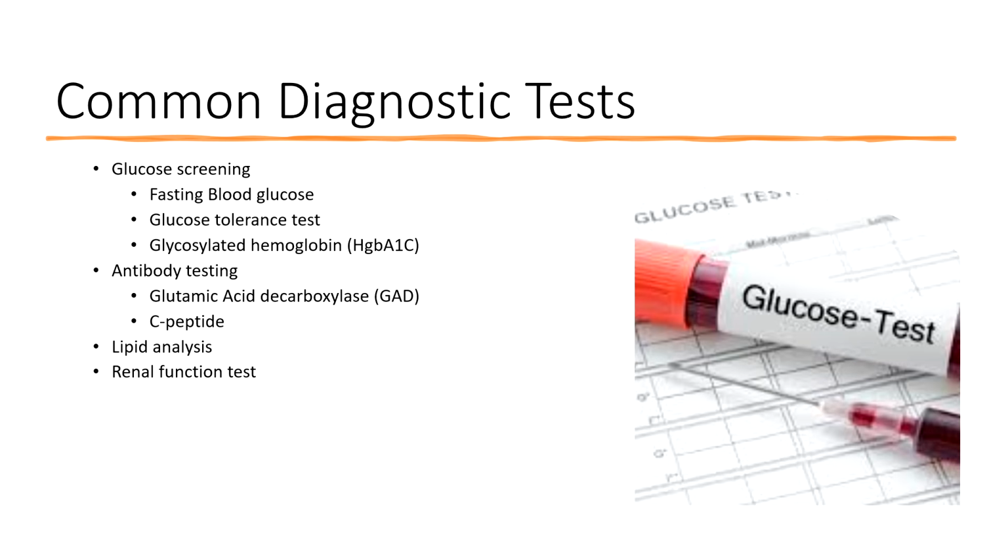Okay. Another thing that we talk about is antibody testing. So antibody testing is used to confirm whether or not the person has type 1 diabetes. All right, so for type 1 diabetes, remember, we talk about it being an autoimmune process. So if I drew blood and looked for certain antibodies, they should show up in the bloodstream, right?